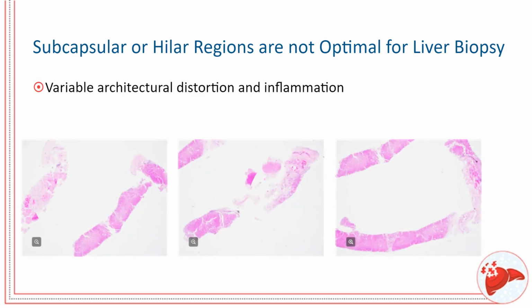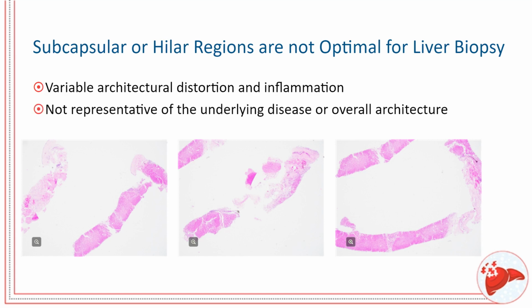So like the samples here, although the biopsy appears long and wide, because those biopsies were taken from the subcapsular areas, they are not representative of the underlying disease and the overall architecture. So this is the caveat for liver biopsy.